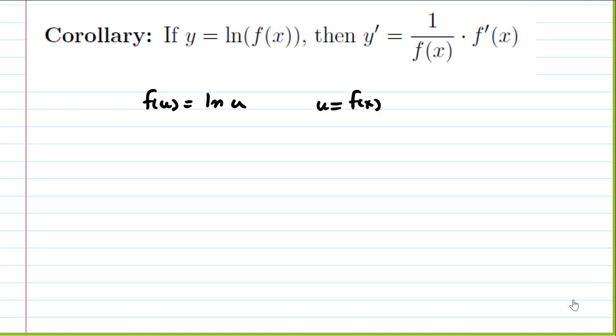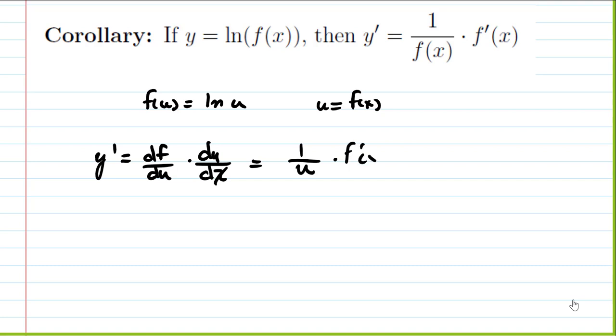So then if we take our derivative, y prime is df/du times du/dx. So that's 1 over u times du/dx, which is just f prime. But then u is f of x, so it's 1 over f of x times f prime of x.